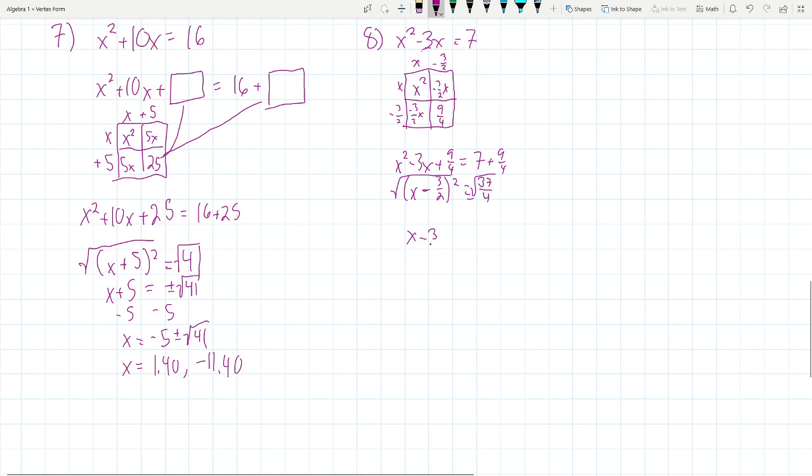I get x minus 3 over 2 equals plus or minus the square root of 37 over 2. Then I add 3 over 2 to both sides, and I get x equals 3 over 2 plus or minus square root of 37 over 2. And if I used a calculator, I'd get that x equals negative 1.54 and 4.54.